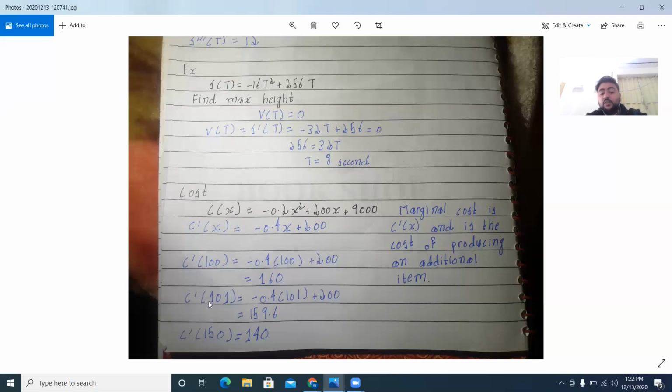The cost of producing one more item, the 101st, is equal to 159.6. The cost of producing the 150th item is 140. So in this case we can see that the marginal cost is decreasing, but that won't happen every time. It can happen that the marginal cost is increasing. Obviously, whoever is running the business has to see all of these things, and derivative is playing a huge part here.